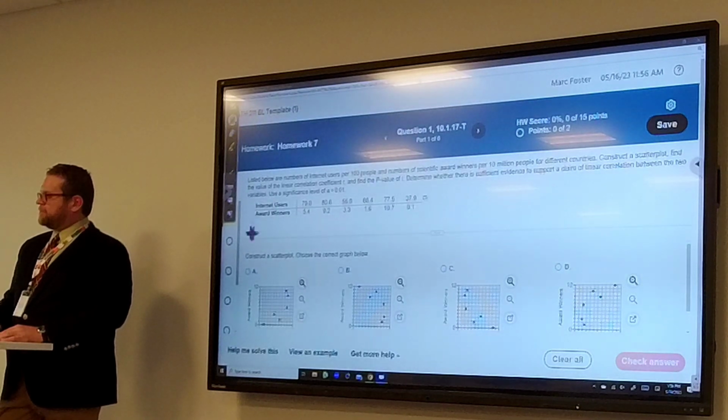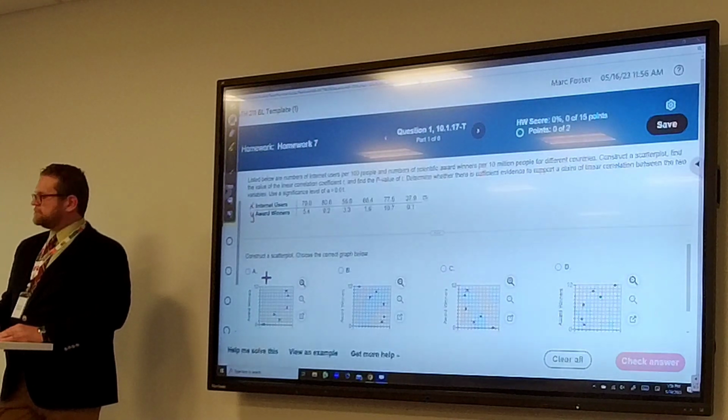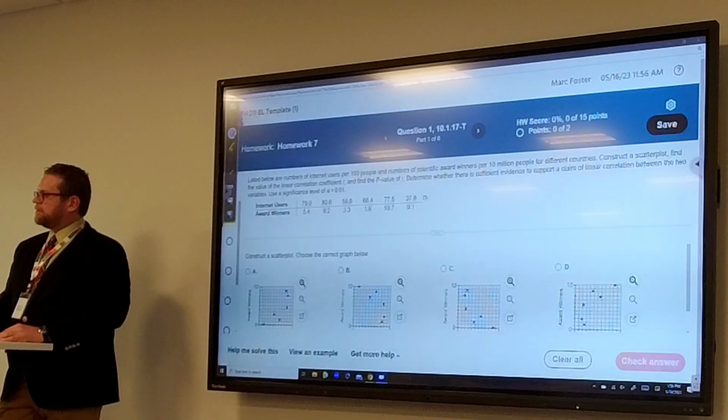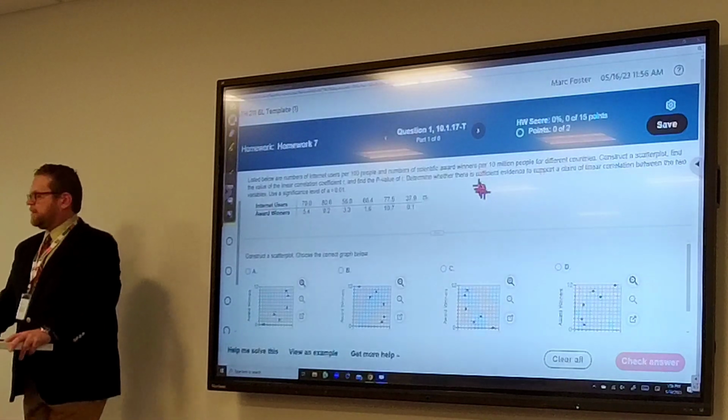We've got some pairwise data, X values and Y values. We've got a button to open it in StatCrunch. That's what we're going to do. Let's see, what is this data?